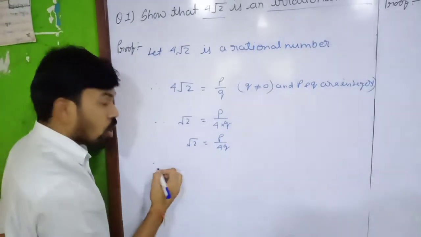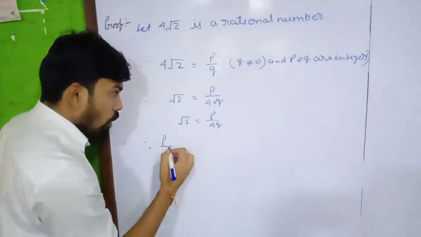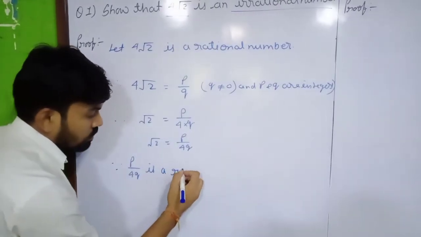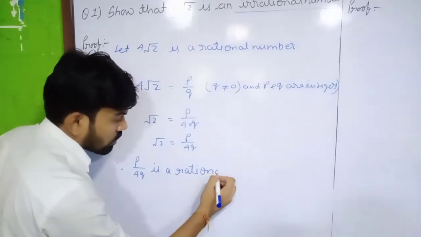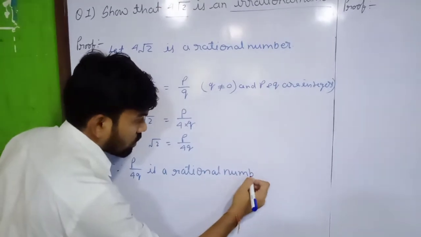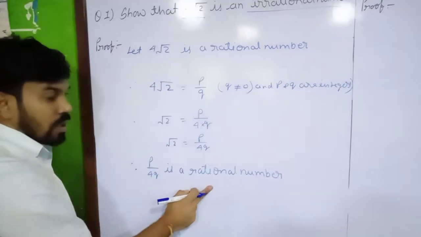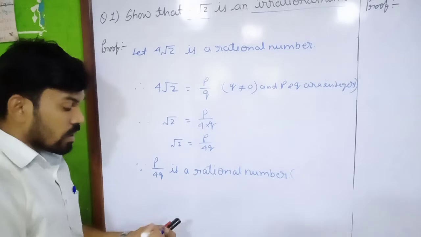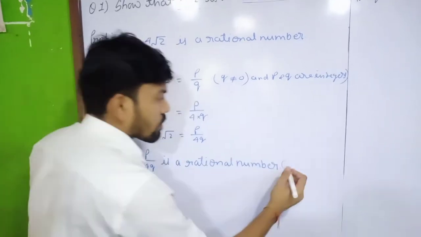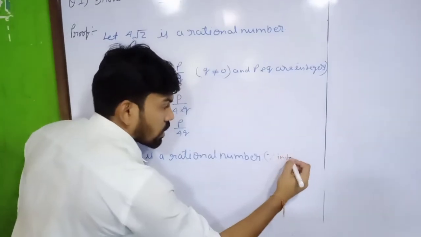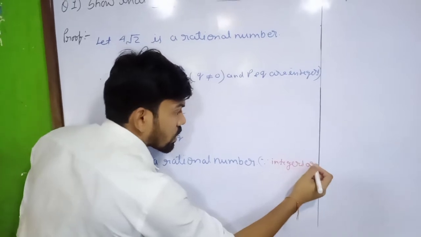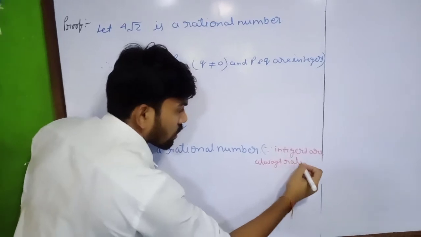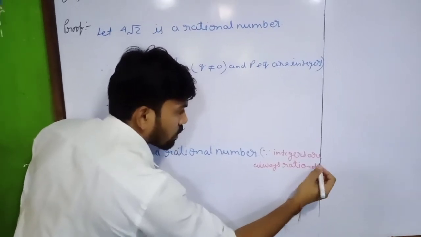So p upon 4q is a rational number, as, here we have to give the reason, integers are always rational.